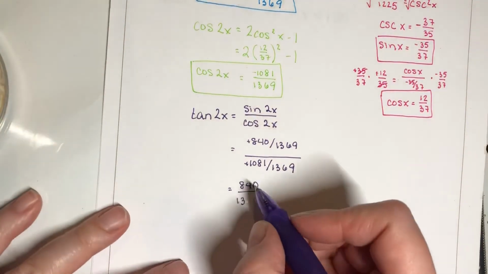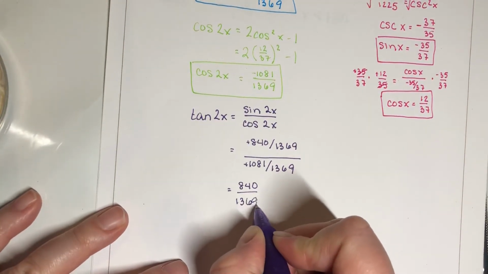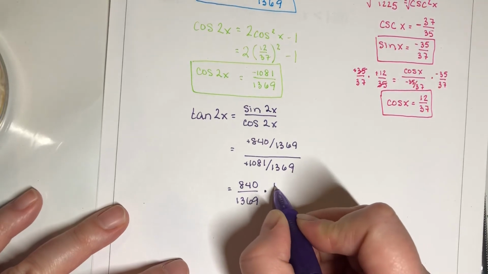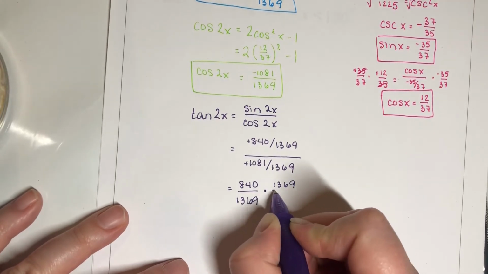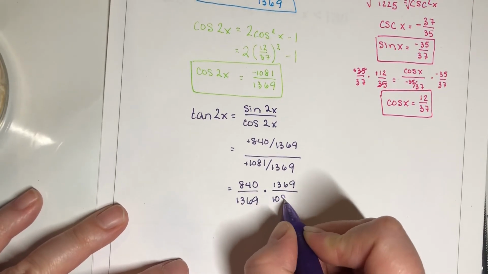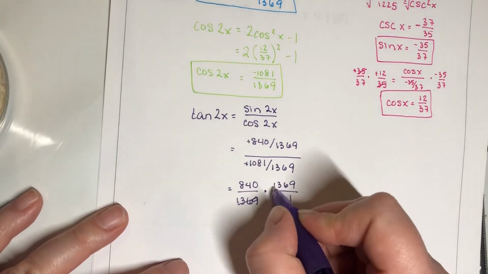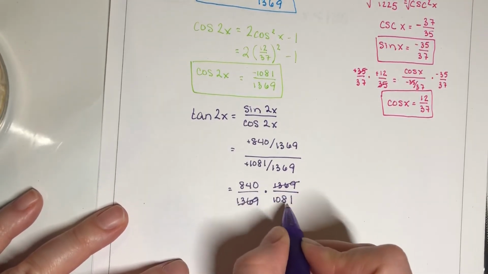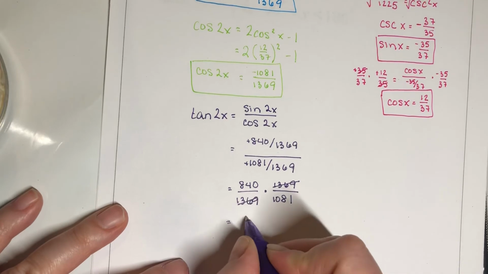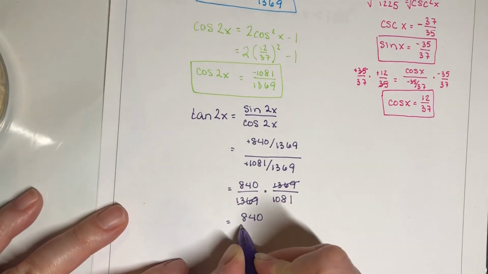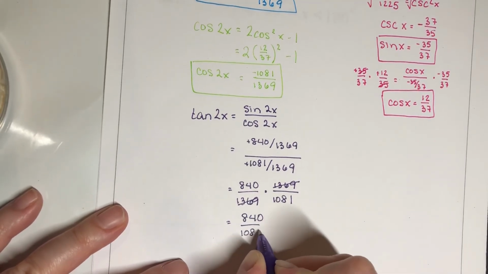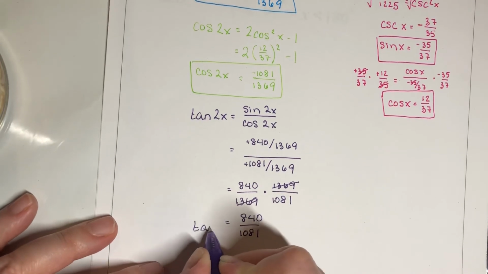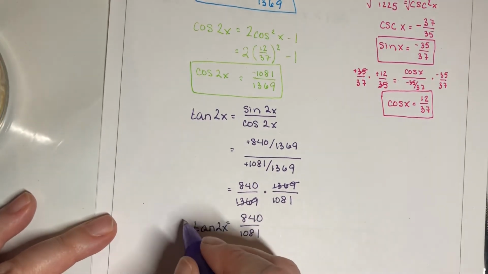Once you understand how this works, it actually goes a little bit quicker than what I'm going to show here. But I'm going to show you the steps so you can see how it works. All right, I can cancel diagonally, and then I'm left with this right here, and I multiply straight across. So I'd have 840 over 1081. And that is my tan of 2x.